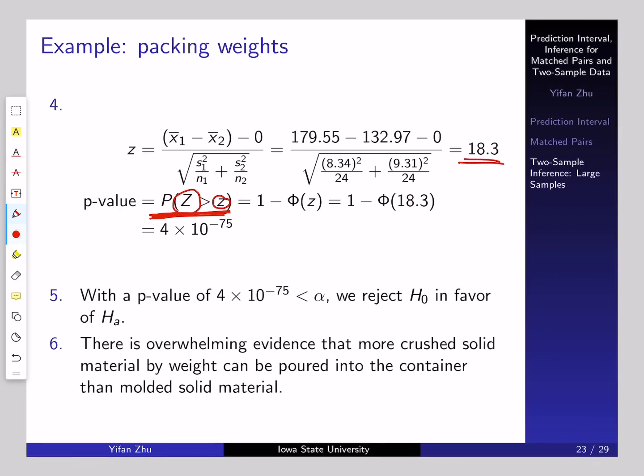And the probability we have is 1 minus phi of 18.3, which is an extremely small number. With a p-value of this extremely small number, we can already reject H naught because there is very big evidence, since the value is so small.